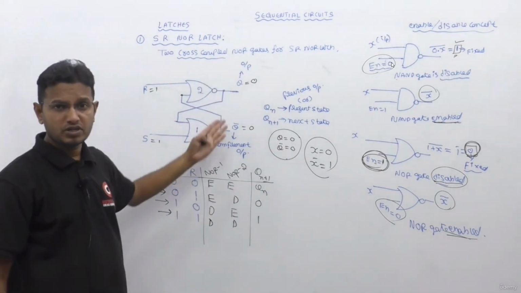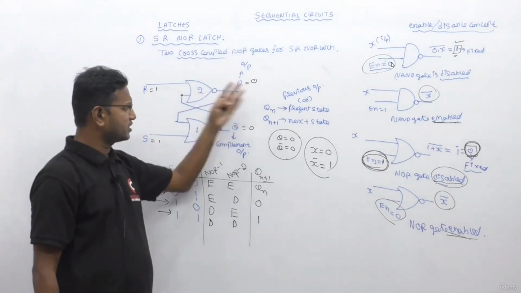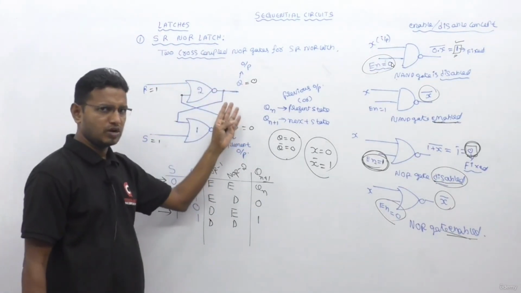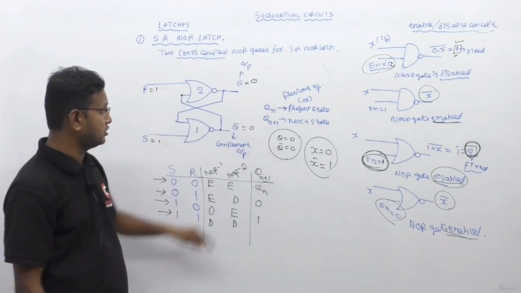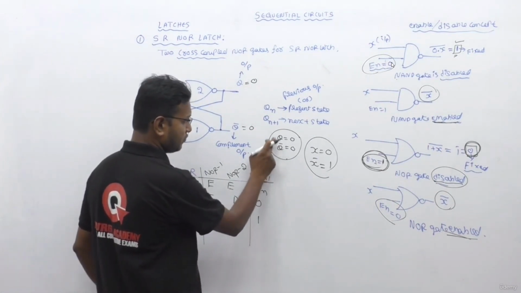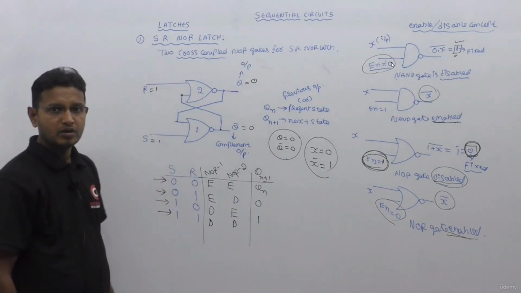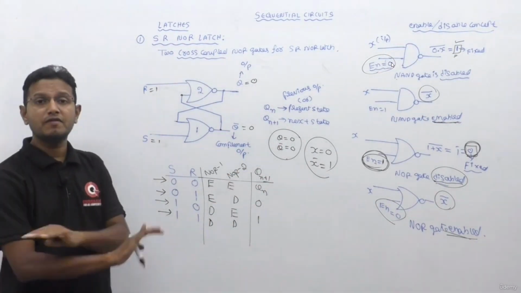This is after all just some electronic circuit, so it can work according to its nature. But since it is violating the laws of Boolean algebra whenever I give s equal to r equal to 1, this particular combination should never be given to the circuit.